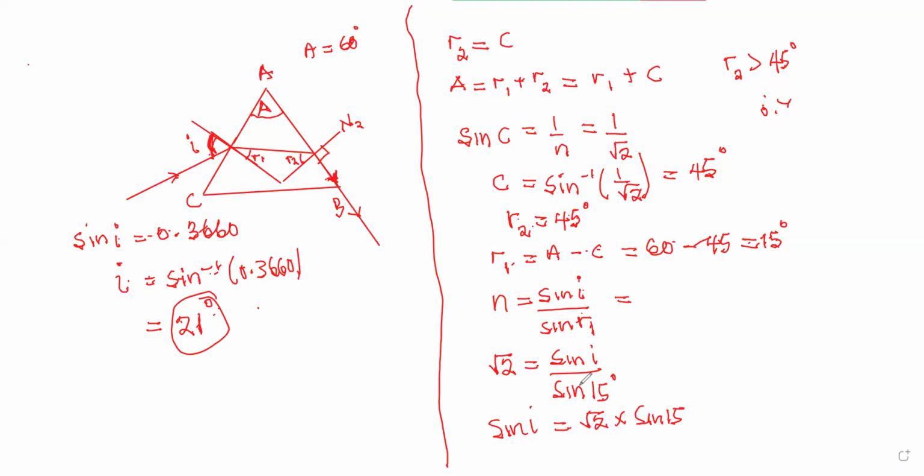Let's look at question 2. A ray of light passing through a prism having refractive index of √2 suffers minimum deviation. This part is very, very important. We are told it suffers minimum deviation.